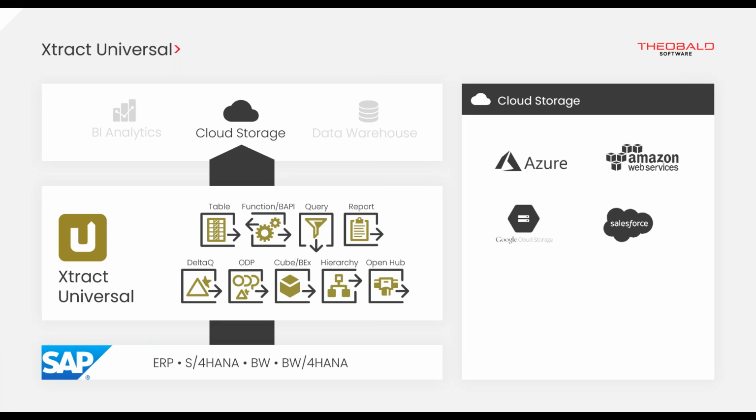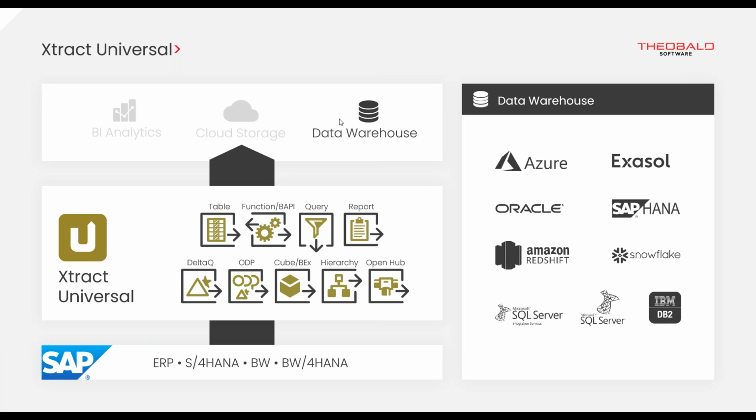Many customers like this option now, in particular with data lakes, whether that's in Azure, AWS, or Google Cloud. Doesn't really matter for us. We support all these environments. And we also support the most common data warehouse environments, either in on-premise configurations or in the cloud, including Amazon Redshift or Snowflake.